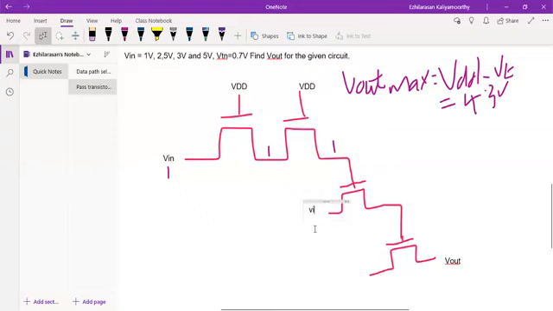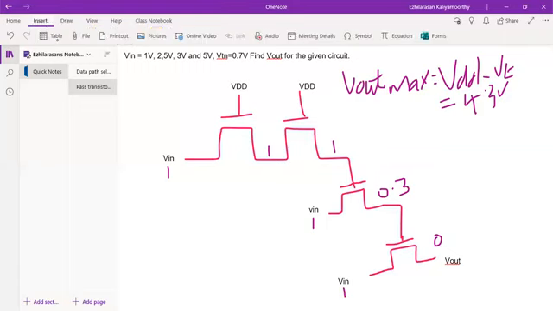Even this also is Vn. Vn is 1 volt, even this also is 1 volt. Now the gate is 1 here, 1 minus 0.7 is 0.3. Now again it will go minus, so output I'll get as 0.